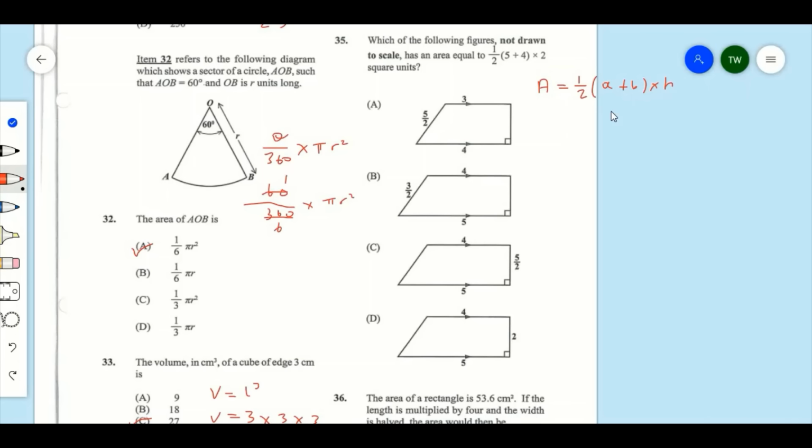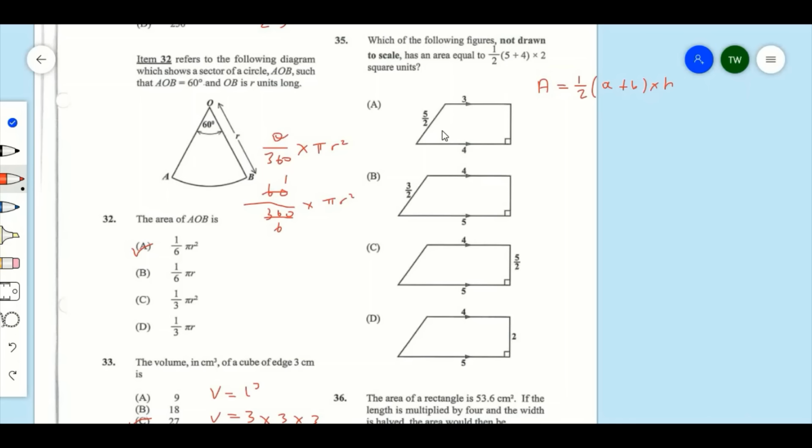So that's how you calculate the area of a trapezium. So we know that this 2 here would represent the height, and the 4 would represent B, and the 5 will represent A, where A and B are just the horizontal lengths.